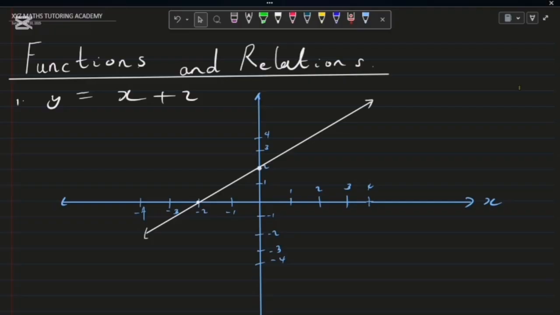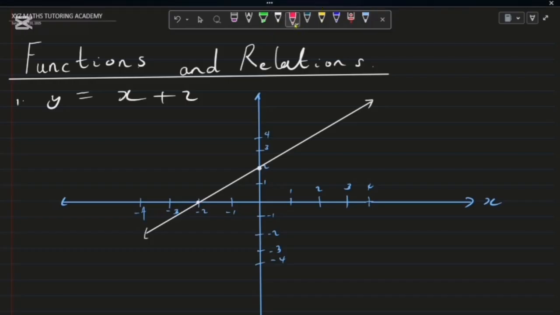We want to understand the relationship between the x values and the y values of different graphs, and then from there we can decide whether those graphs are functions or not. So let's get started.